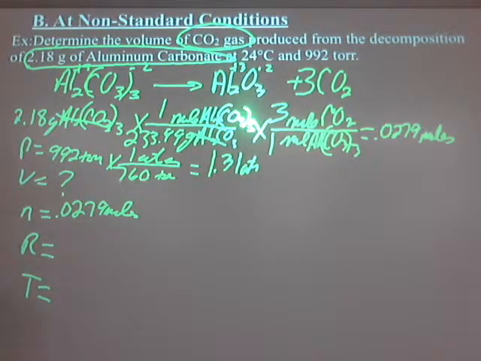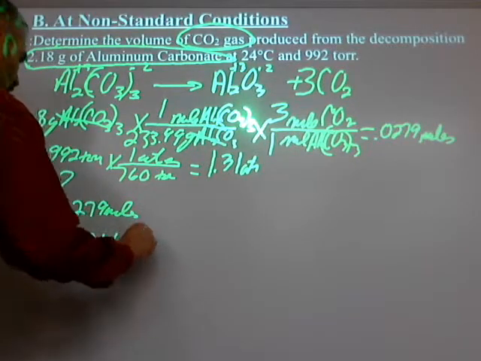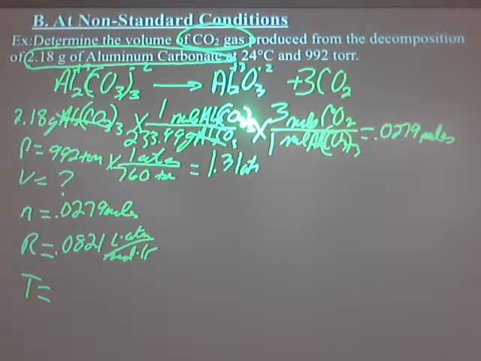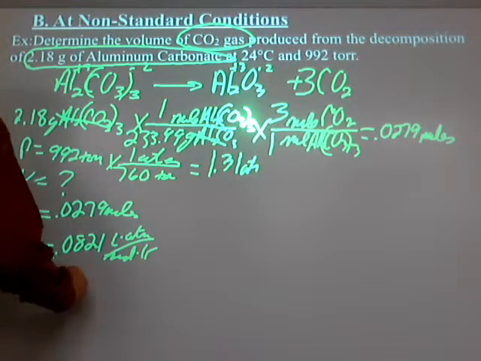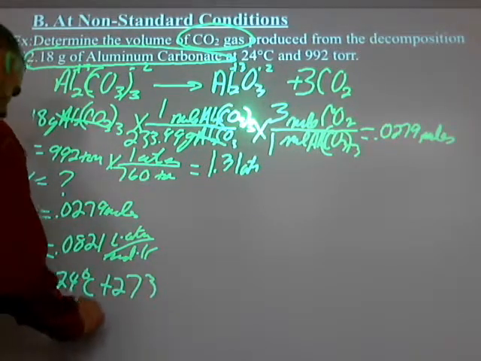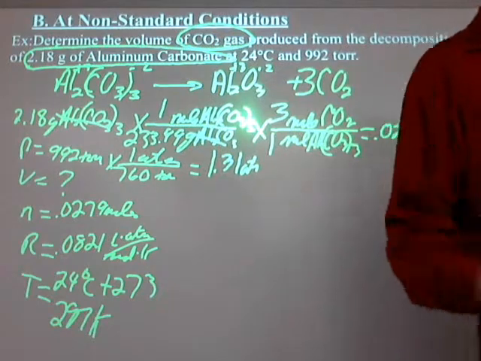R, of course, is a constant, so it doesn't change, 0.0821 liter atmospheres per mole Kelvin. And my temperature? 297 degrees, because it's 24 degrees Celsius plus 273, which is 297 Kelvin. Okay? All right.